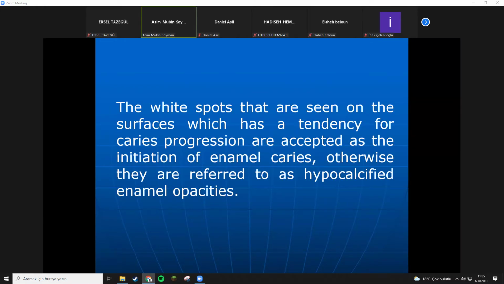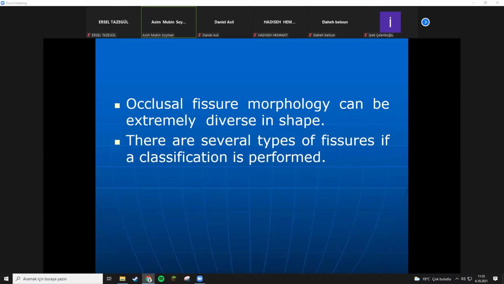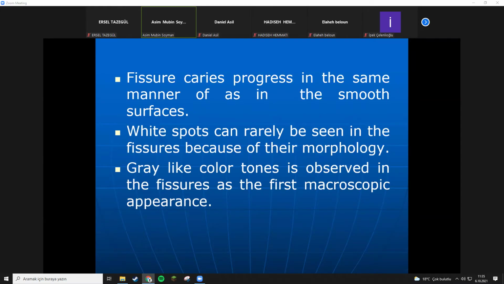Occlusal fissure morphology can be extremely diverse in shape. There are several types of fissures if a classification is performed. Fissure types are very important for the initiation of dental enamel caries.